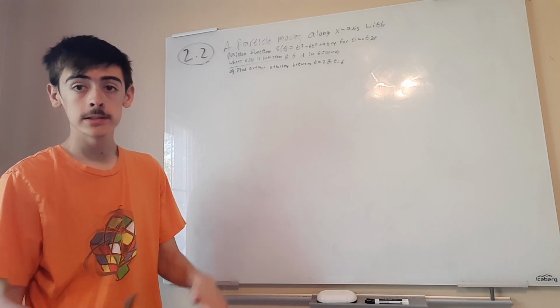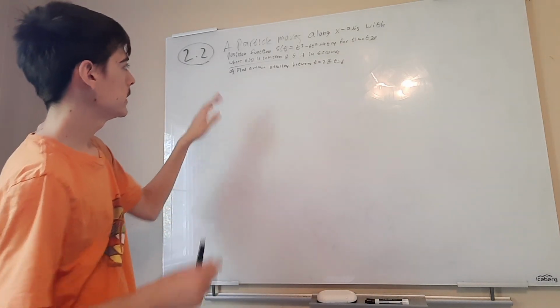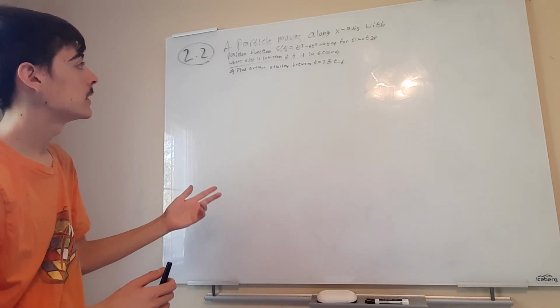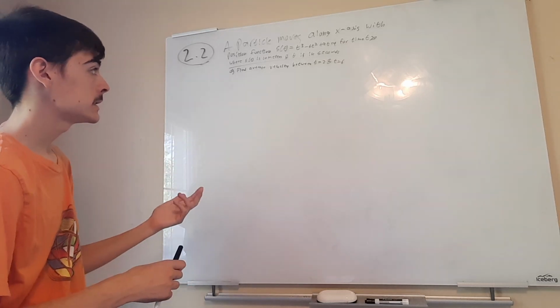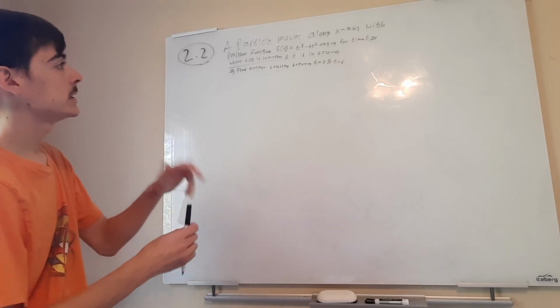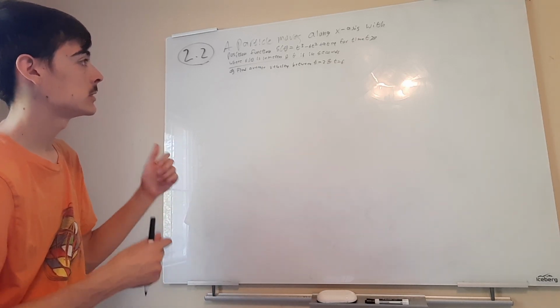Okay, so to practice this new stuff I just showed you, I'm going to give you a few examples. So here's our main problem right here. A particle moves along the x-axis with a position function s of t equals t cubed minus 6t squared plus 9t plus 4 for time t greater than 0, where s of t is measured in meters and t is measured in seconds.